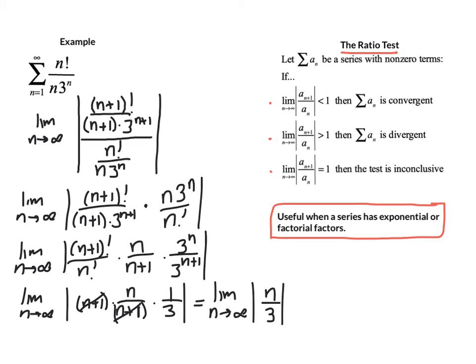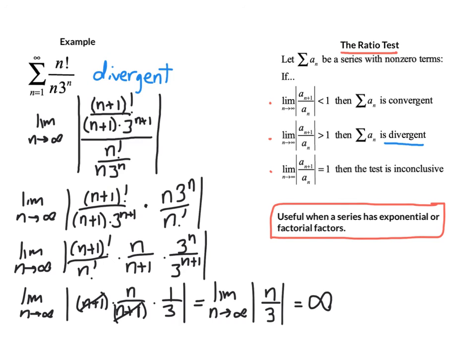which is a limit of infinity, which is greater than 1, obviously. So this is a divergent case, and we've proven by the ratio test that our series is divergent.